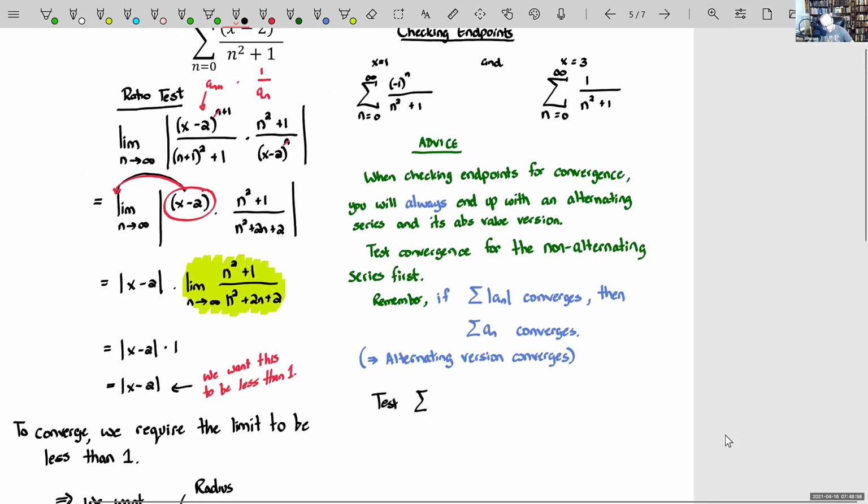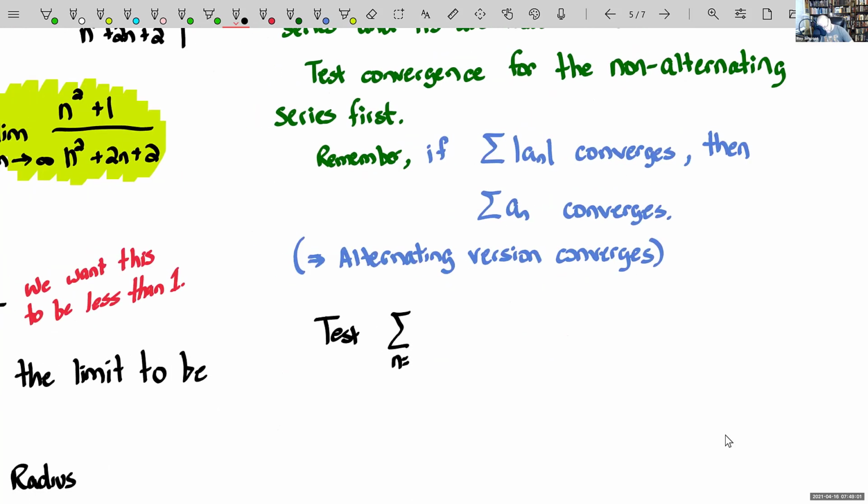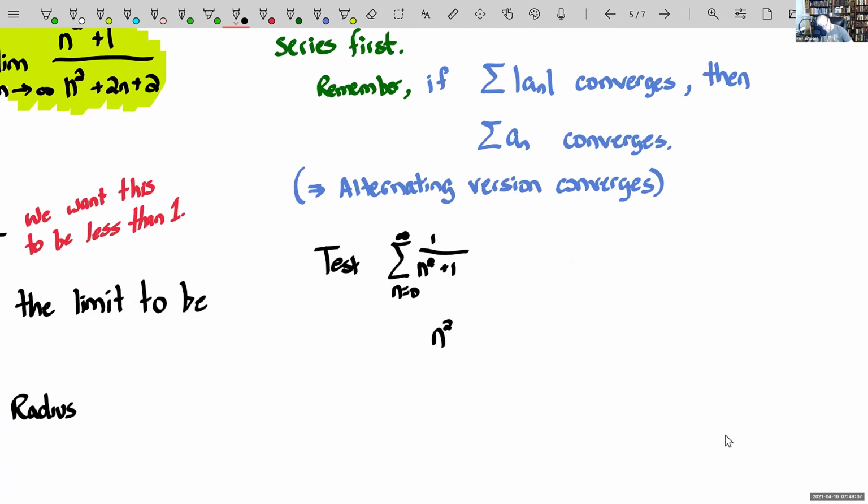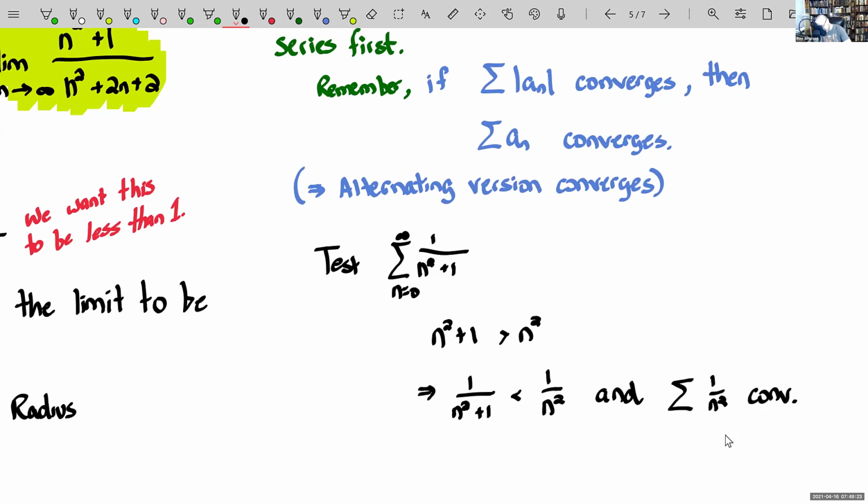Test the summation n equals 0 to infinity of 1 over n squared plus 1. Well, we know n squared plus 1 is greater than n squared. So therefore, 1 over n squared plus 1 is less than 1 over n squared. And we know that the summation 1 over n squared converges by the p-series test.